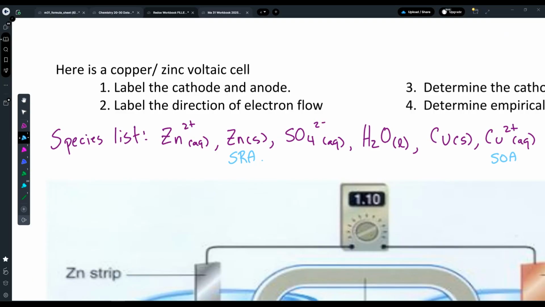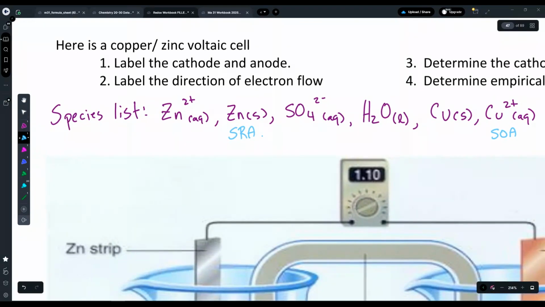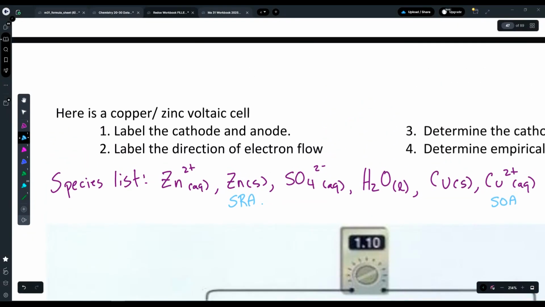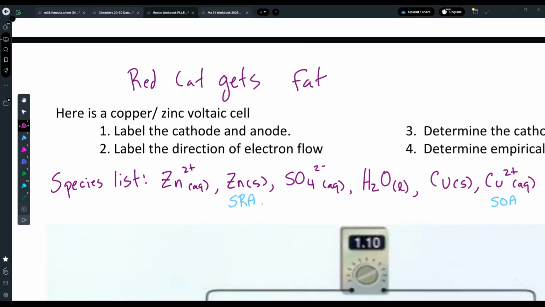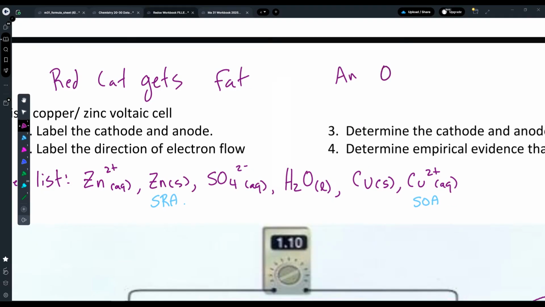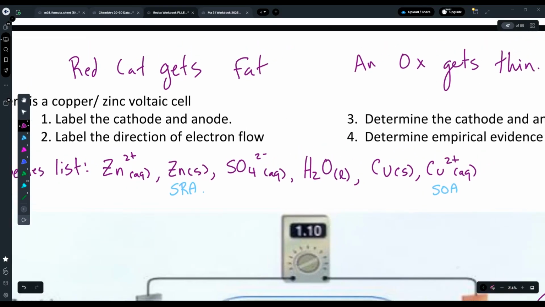Now we can figure out what the cathode and anode are. Looking at my SRA, I'm just arbitrarily going to start there. Remember, red cat gets fat, and ox gets thin. The reducing agent helps other things get reduced, but it itself gets oxidized. Where does the oxidation half reaction occur?